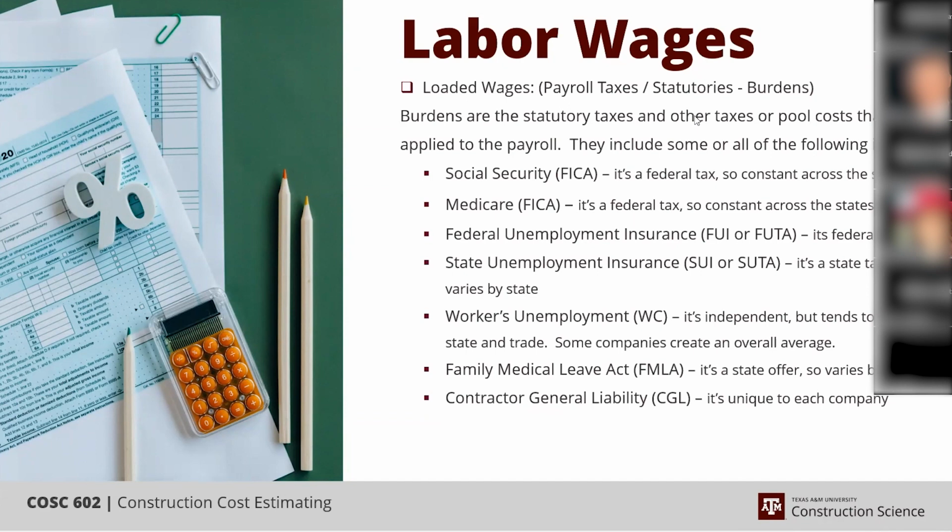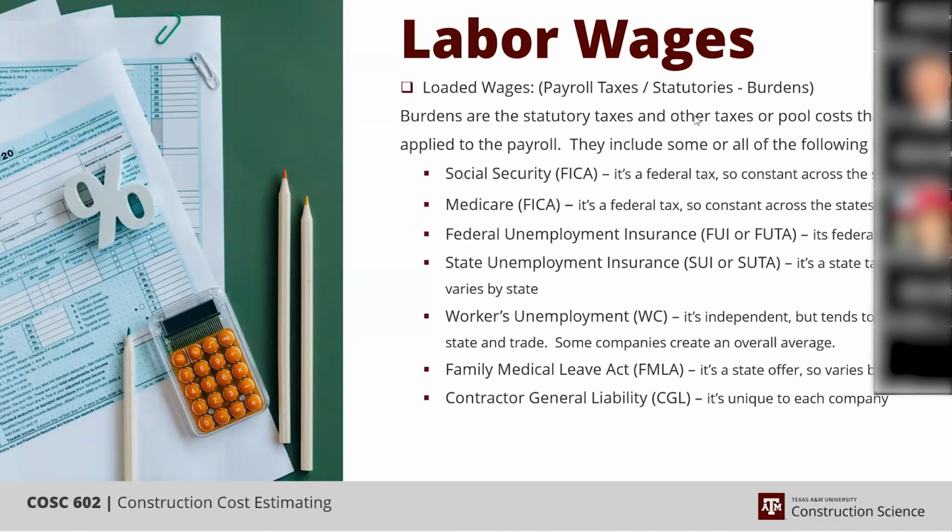But when you move into your loaded wage rates, now we're starting to get back to a lot of the other items. You've got two different subcategories of your burdens and benefits: the burdens, which is your statutories, and your benefits, which is all the beneficial items that the company is paying for that the employee receives. So what are your statutories?